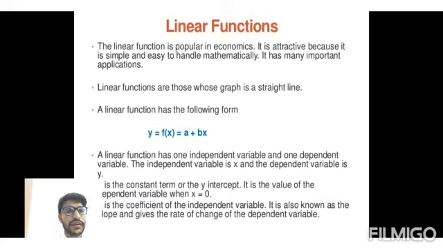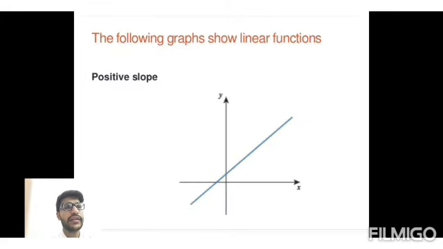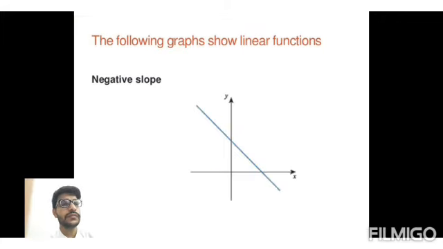a is the constant term, the y-intercept. b is the coefficient of the independent variable, also known as the slope, and it gives the rate of change of the dependent variable. The following graphs show linear functions. The positive slope: the y-axis is upward and the x-axis is horizontal, and the blue line rises, which is a positive slope.